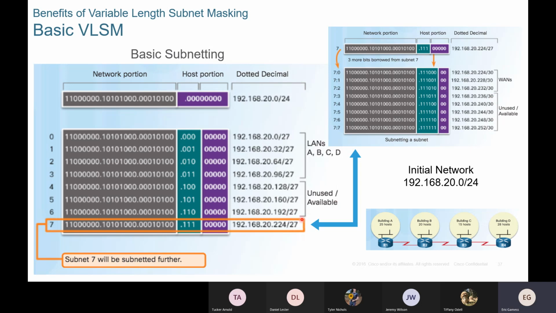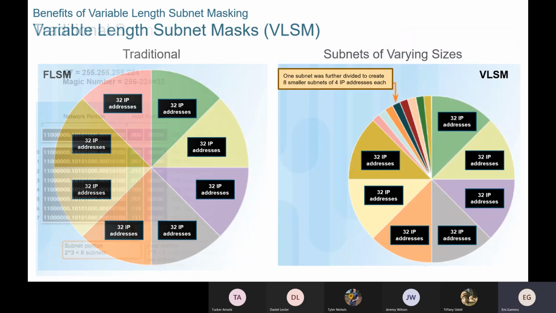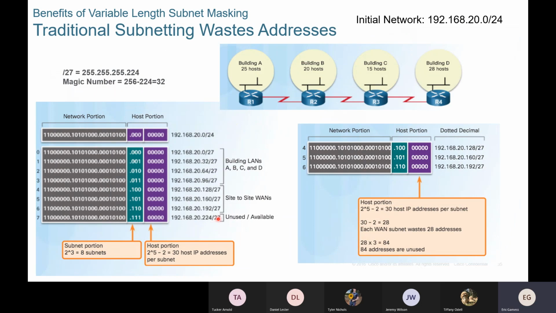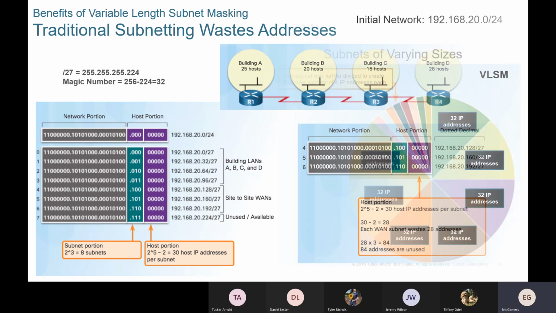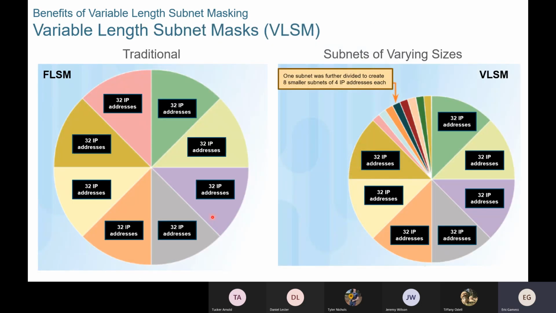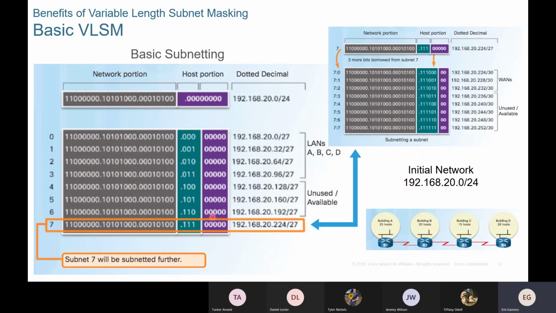Previously, if I go back, we just had 1 subnetwork in spare. Now we have much more subnetworks in spare that we can use for future use. We can keep them there for future use if the company grows.